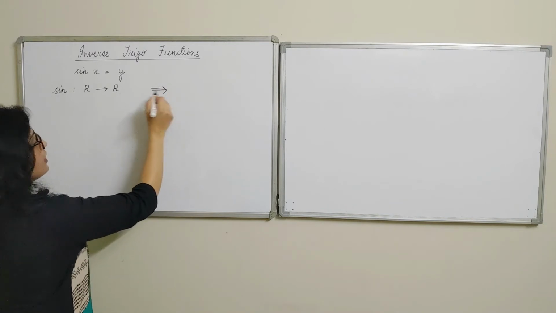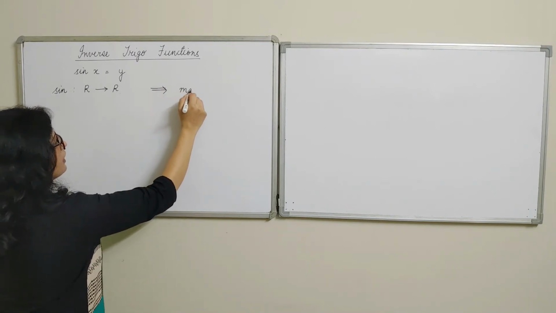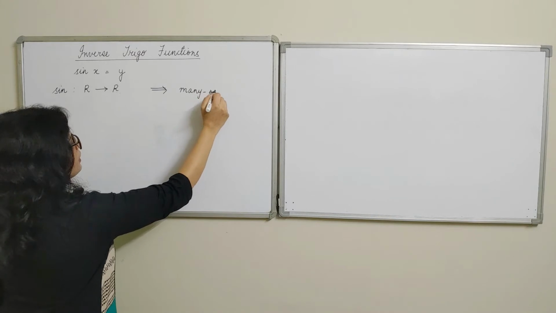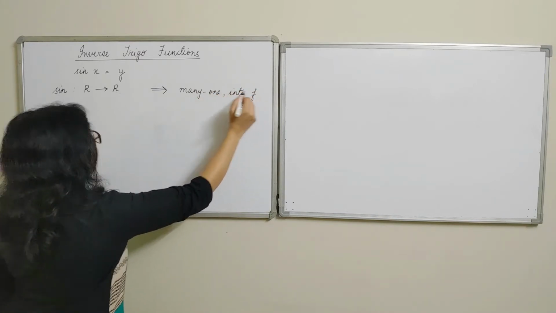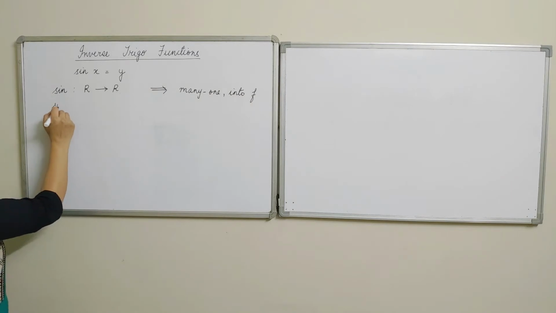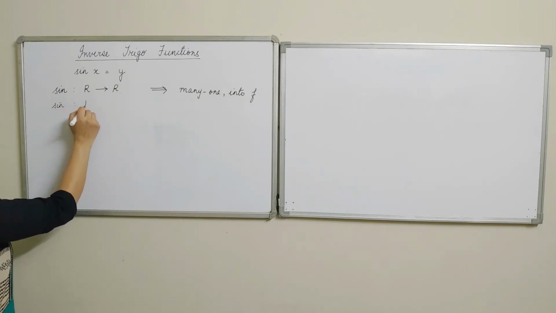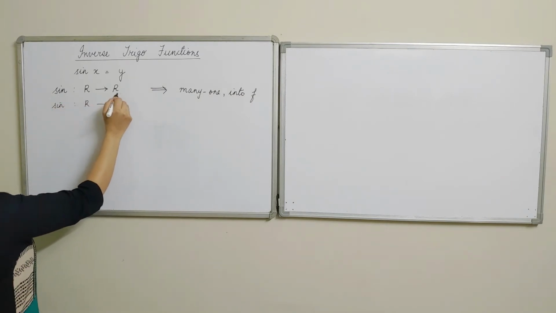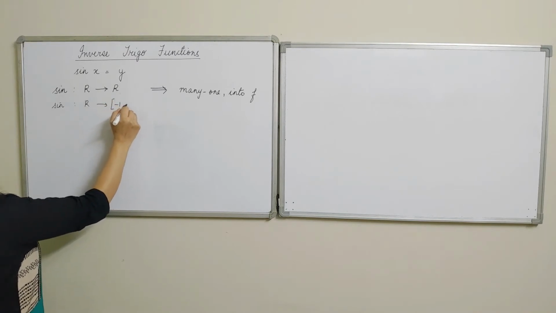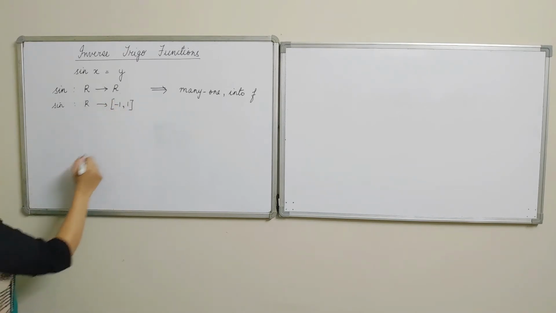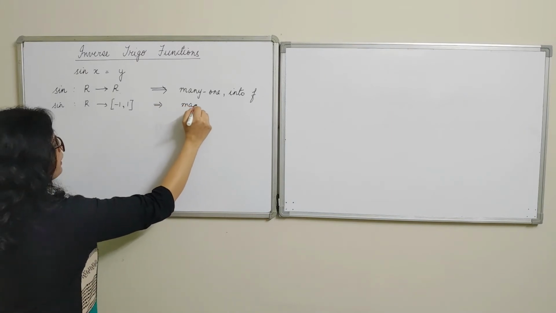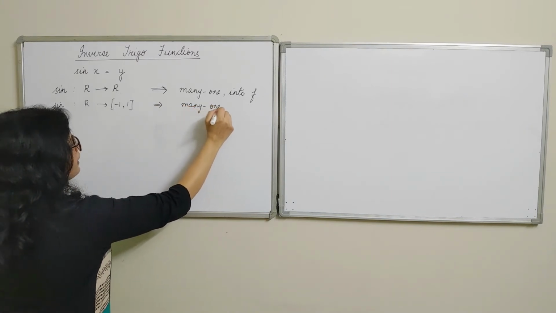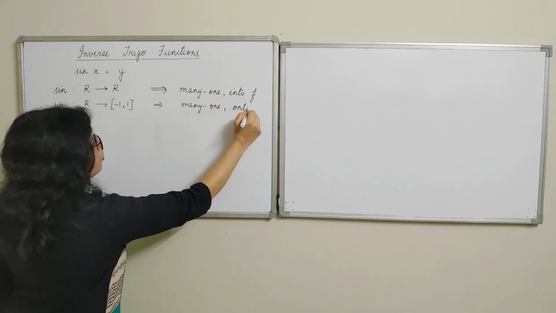In this case, the sine function is a many-1 into function. Let's make a small change here. Instead of the codomain, let's take the range of the function. In that case, the function becomes a many-1 onto function.